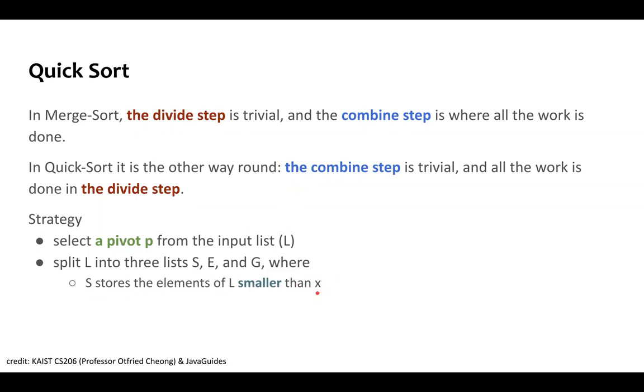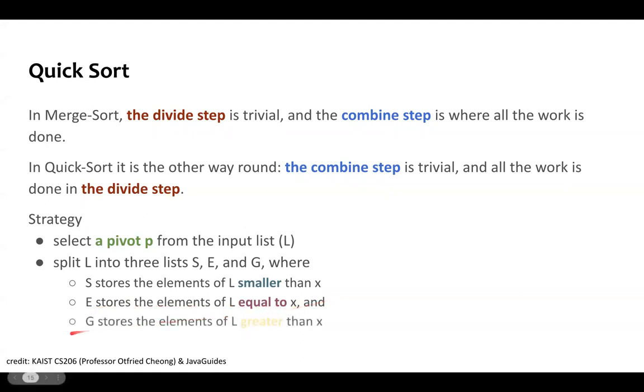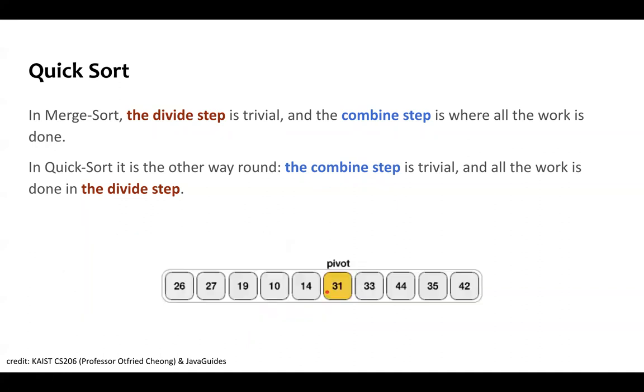X is the value of pivot P. And E stores the elements of L equal to X. And G stores the elements of L which are greater than X. And after this, we just concatenate S, E, G. And that's all we need to do.